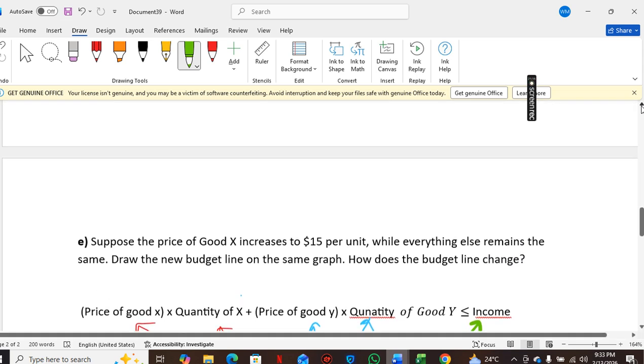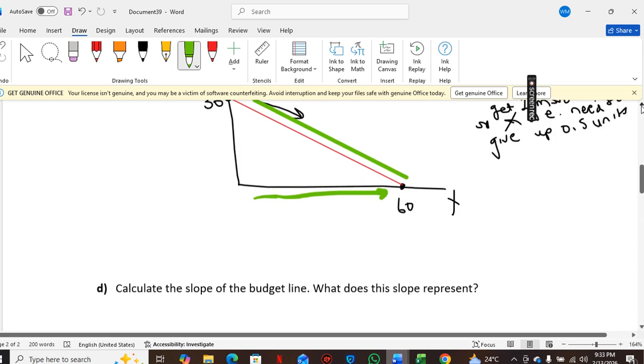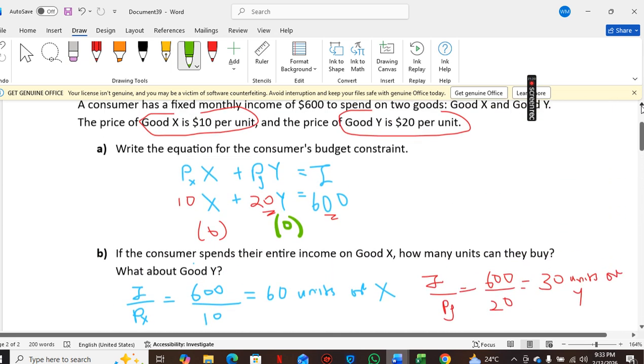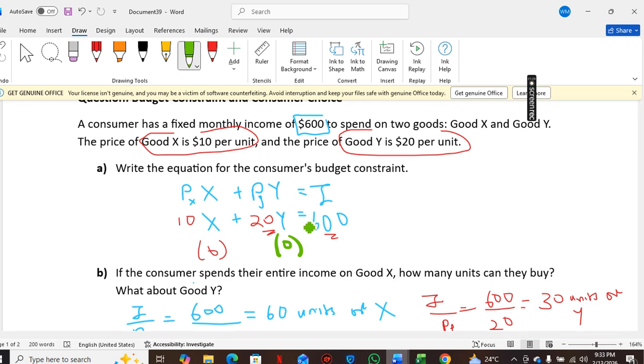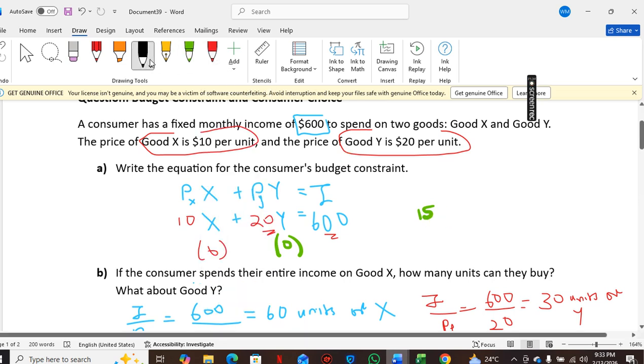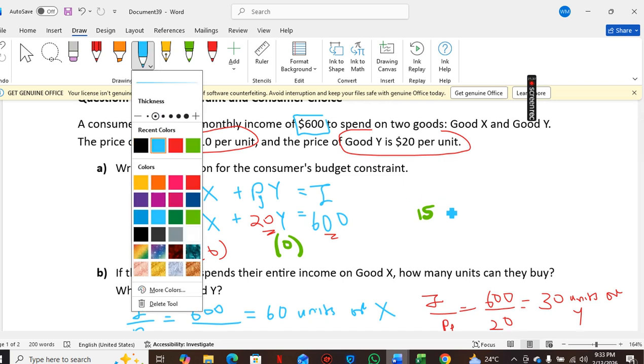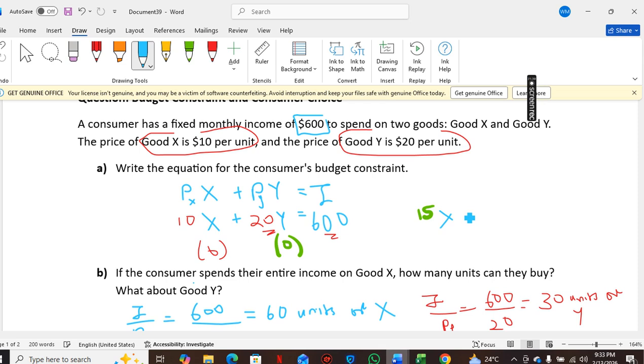So X has become $15. Our new budget constraint is 15X plus 20Y equals 600.